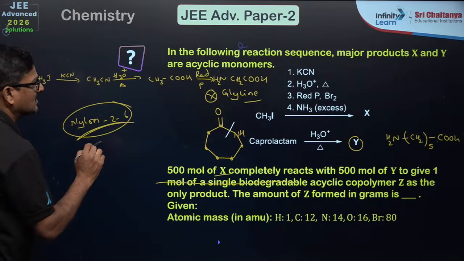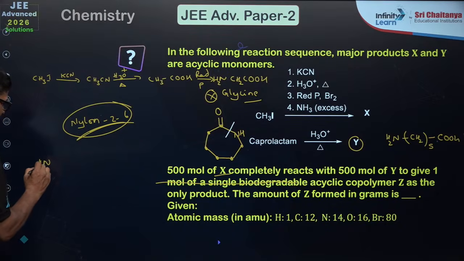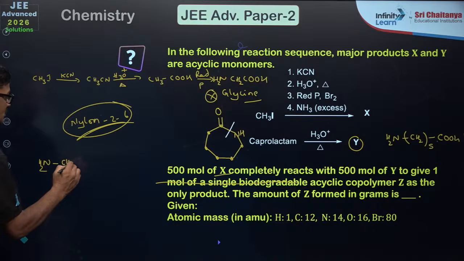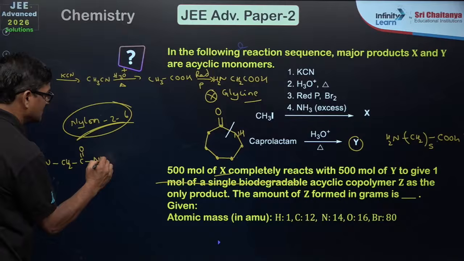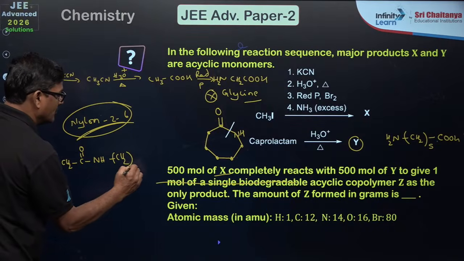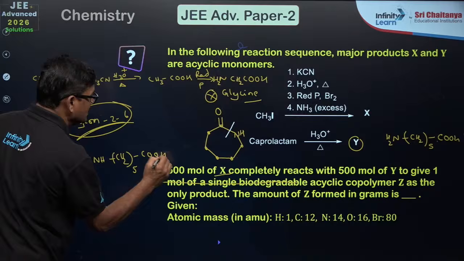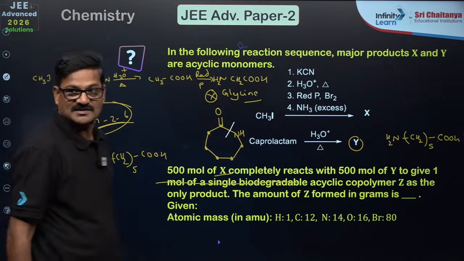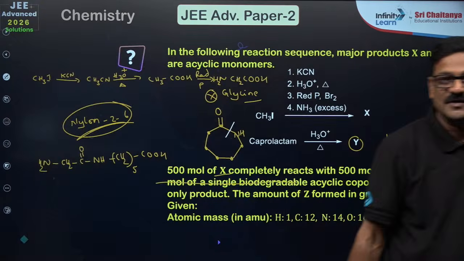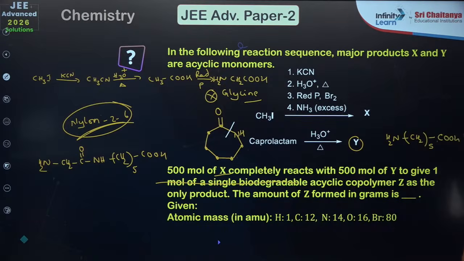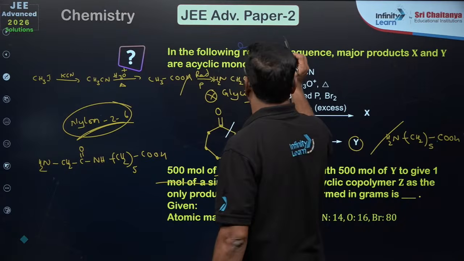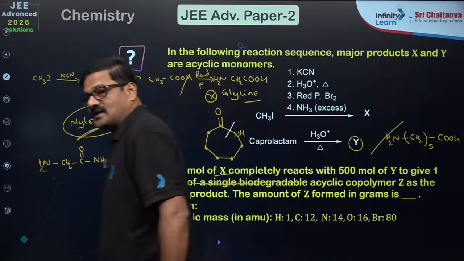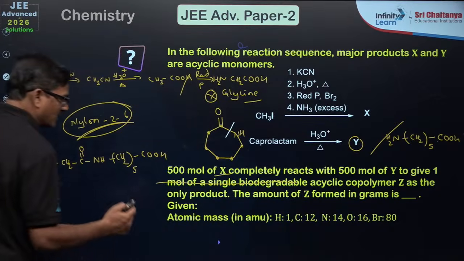So 1 mole of the single nylon 2,6 appears as NH2, CH2, C double bond O, NH, and CH2 five times and COOH. This is your nylon 2,6 structure. From this structure, X plus Y, the biodegradable part, loses water molecules, and let us calculate the number of moles.